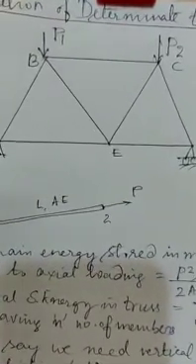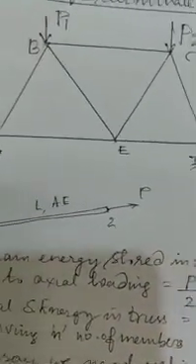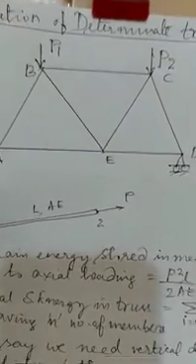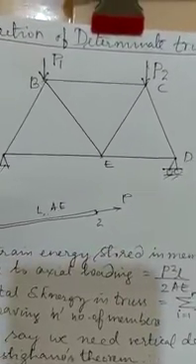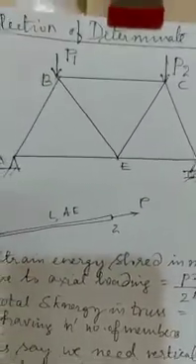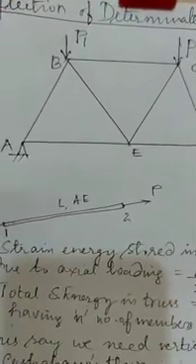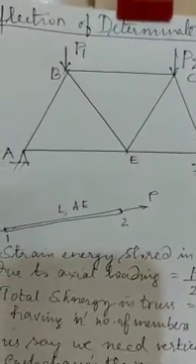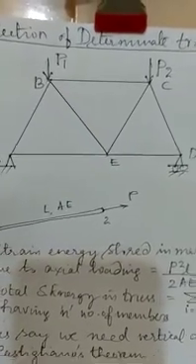So I have considered a truss A, B, C, D, E. You know what a truss is already, and I have also dealt with the analysis of trusses in your first year itself. So you know how to analyze a truss using the method of joints.